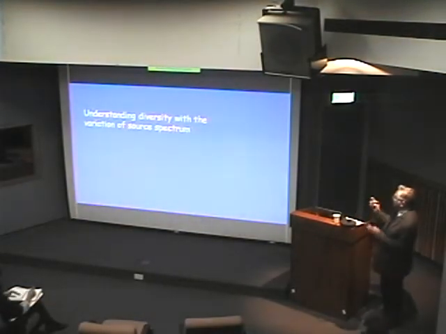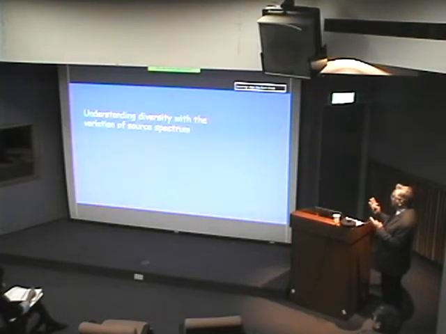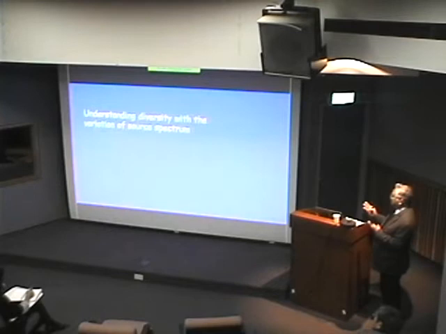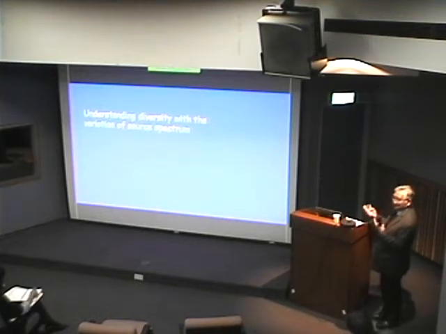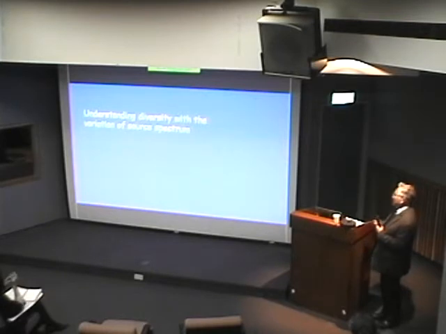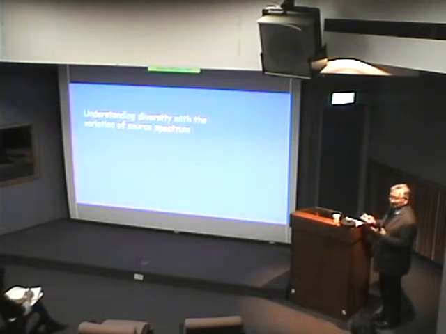So understanding this kind of diversity, the variation of the source spectrum, is very important, because the diversity depends on whether the event is in domain A, domain B, or intraslab. And in terms of shaking, you need to understand the source spectrum. Of course, in the old days, 1896, or even just 50 years ago, even 30 years ago, we didn't quite know what the source spectrum was because we didn't have broadband instrumentation.